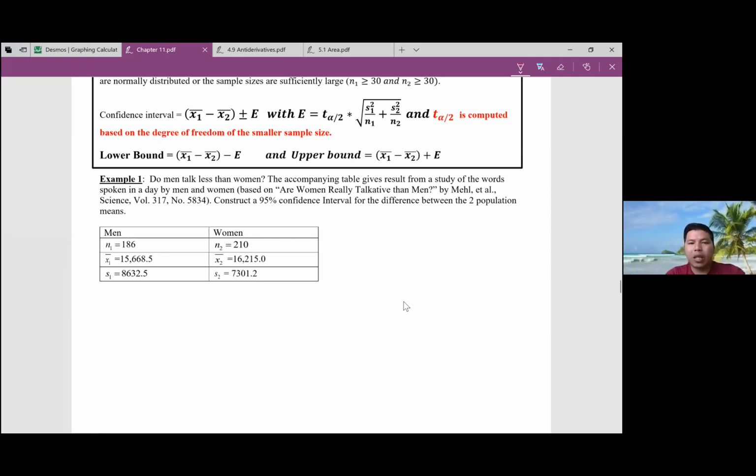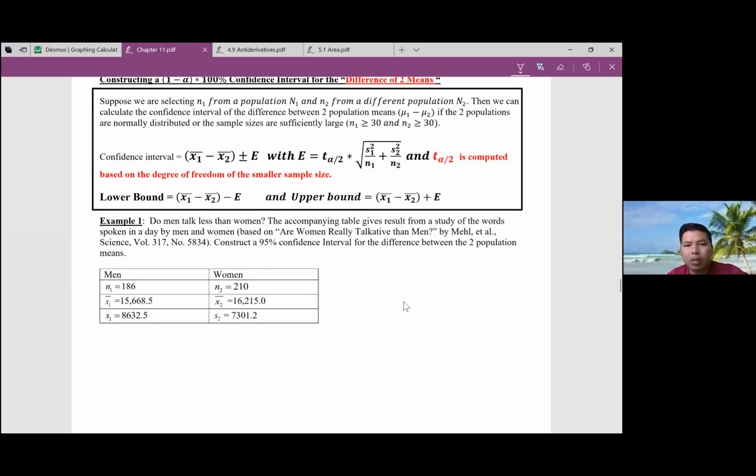And you can see that n1 is 186, n2 is 210. Therefore, there's no way they are dependent on each other, right? Like what we saw in 11.2, where they have to be the same size no matter what. So look out for that information on the final if you can, so that you get yourself the right formula to plug in.